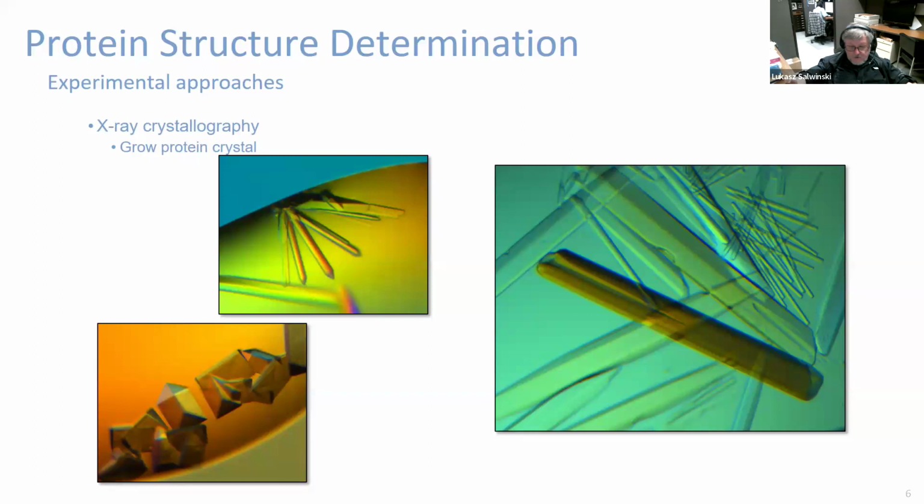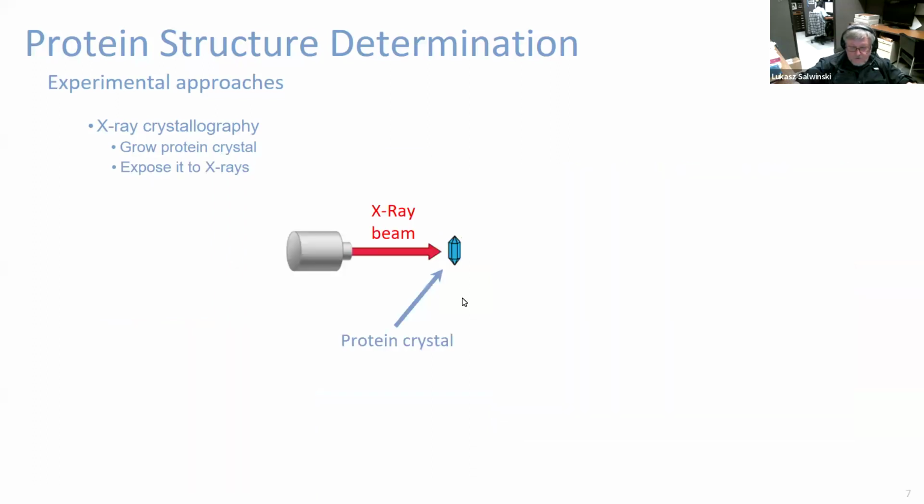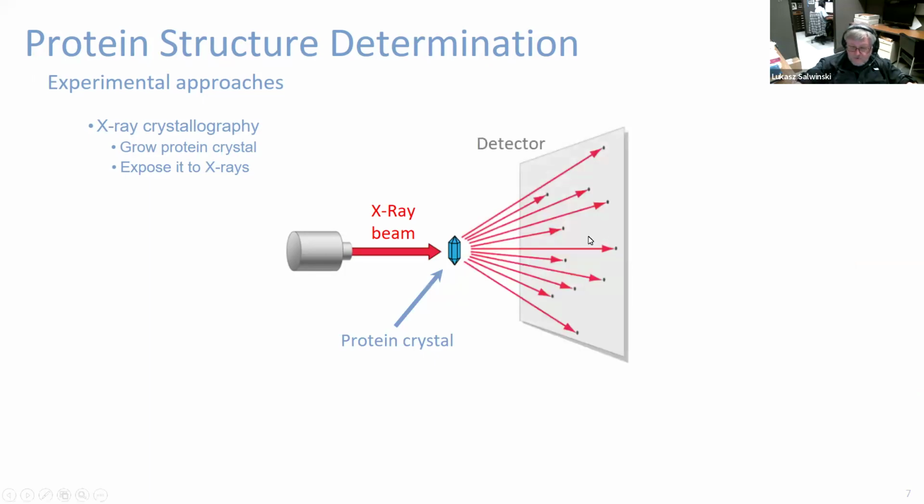Then you isolate one of them, and you put it in an X-ray beam. And once more, if you're lucky, if the crystal is of high enough quality, then once you shine the X-ray beam on the crystal, you're going to see diffraction spots. The reason is the crystal is a regular arrangement of protein molecules in three-dimensional space, and it acts as a diffraction grating. It diffracts the light.